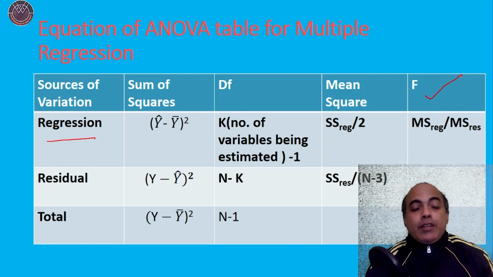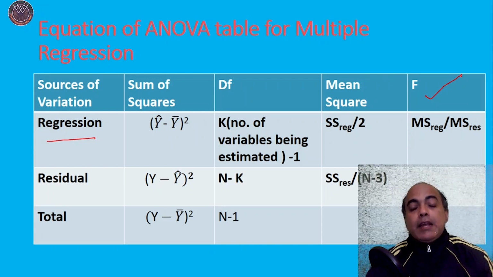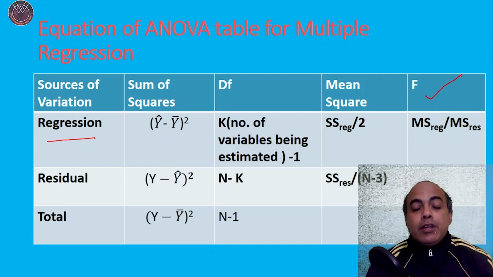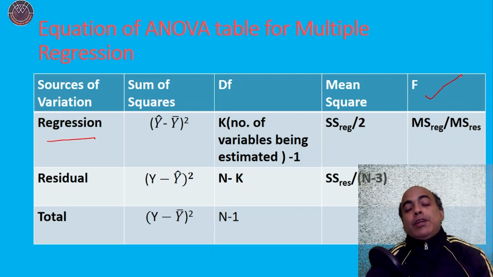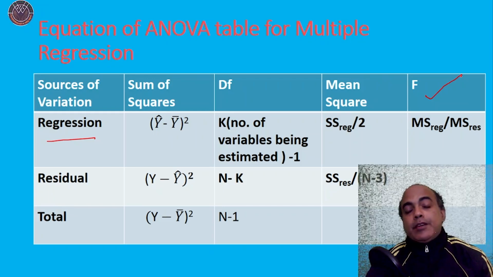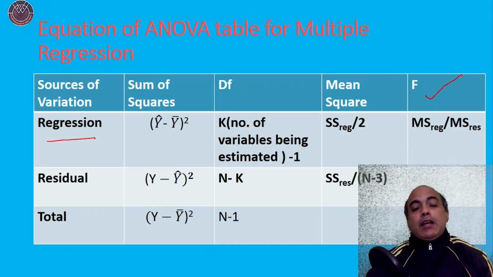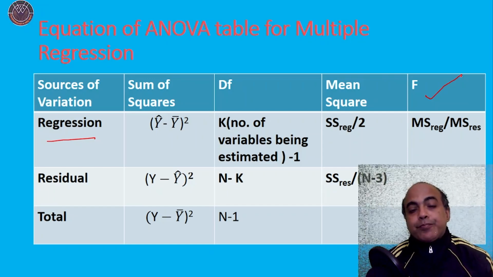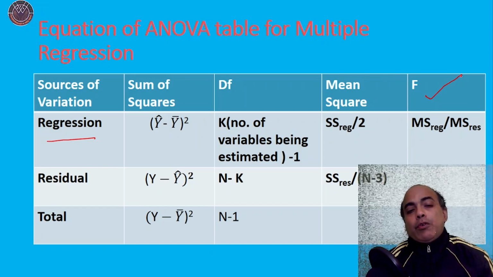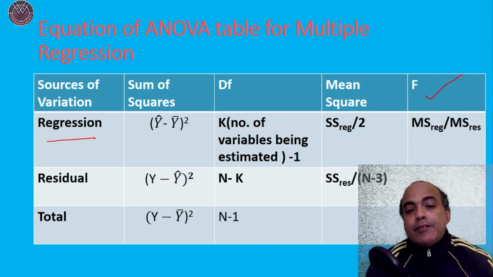Now, what is the residual degrees of freedom? It is n minus k. N is the number of observations or number of rows in the study. We have got 8 observations, so n is 8, and k, as I already told, is 3. So the residual degrees of freedom will be 8 minus 3, that is 5.